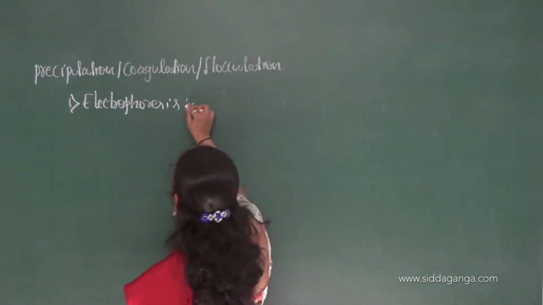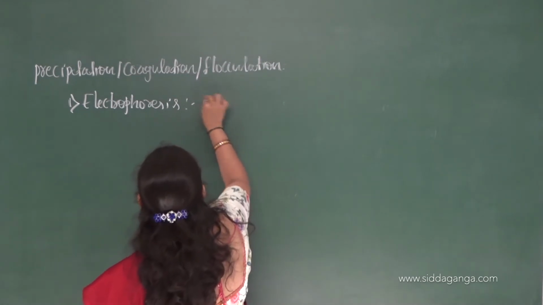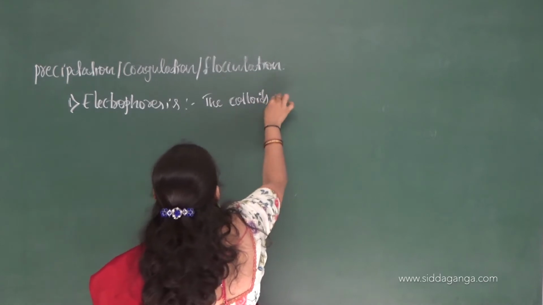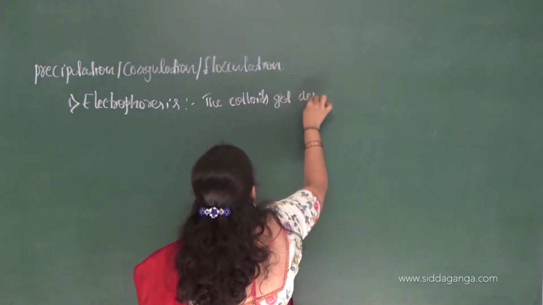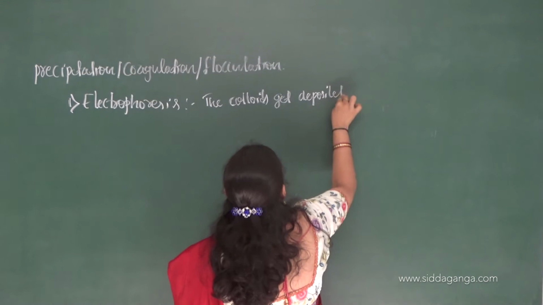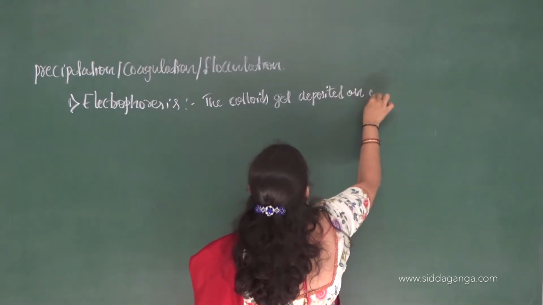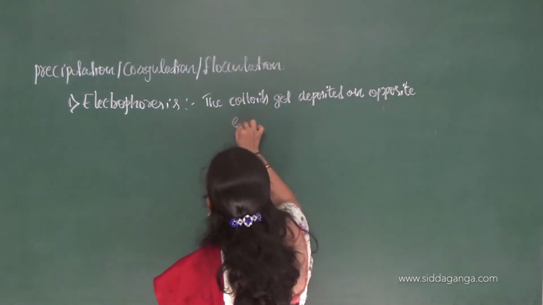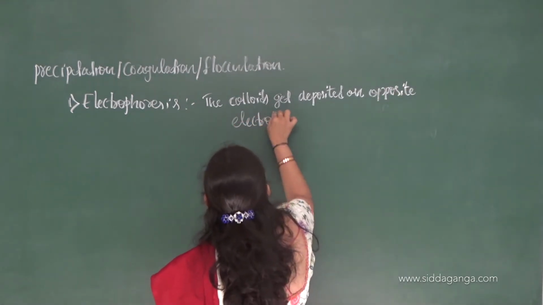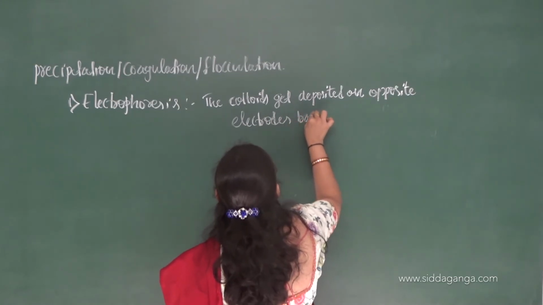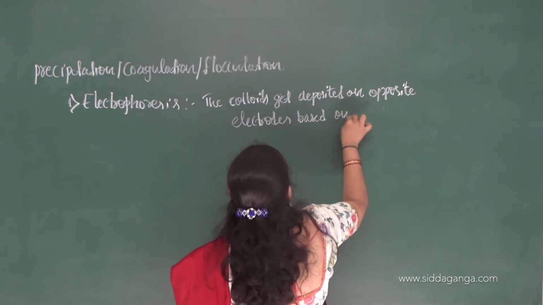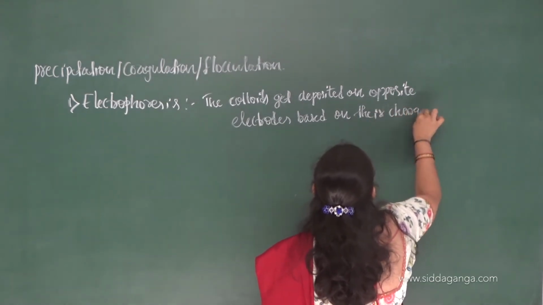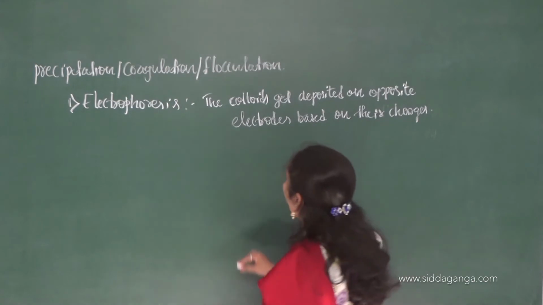So what we can say, the colloids get deposited on opposite electrodes based on their charges, so that leads to what?